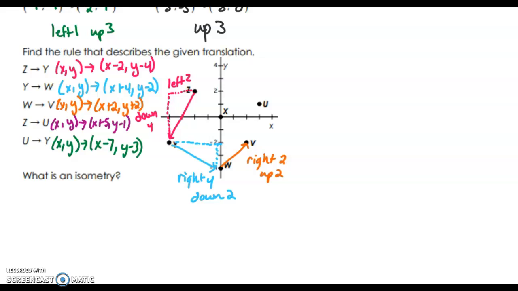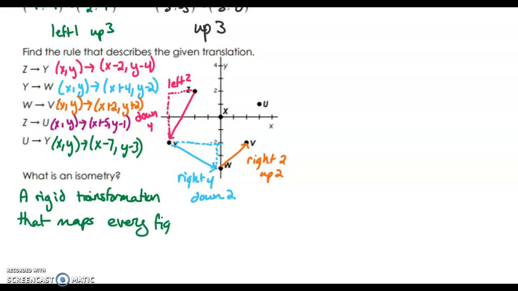Okay, and last but not least, what is an isometry? An isometry is a rigid transformation. And it maps every figure onto a congruent figure.